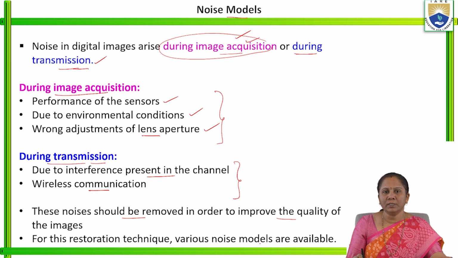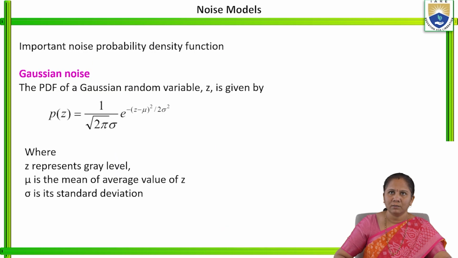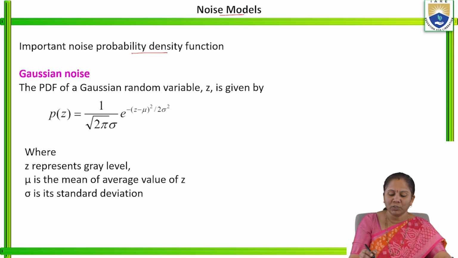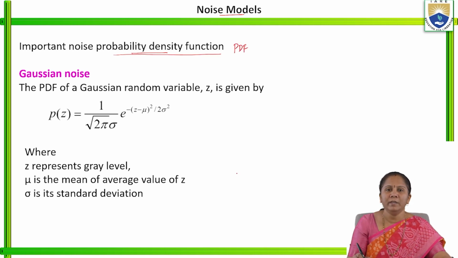So for this restoration technique, we have different noise models that are available. We are going to discuss now different noise models, and we will see the PDF for each noise model, its representation and probability density function. So now let us see different noise models. Importantly, we have to discuss the noise probability density function, simply represented as PDF.